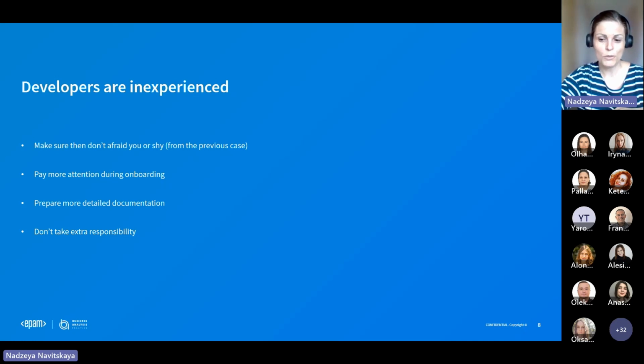We talked about that on the previous slide. What else can we do with inexperienced developers? It depends. Why are they inexperienced? Anyway, it's not your responsibility to make them more experienced, but what business analysts can do is pay more attention during onboarding.